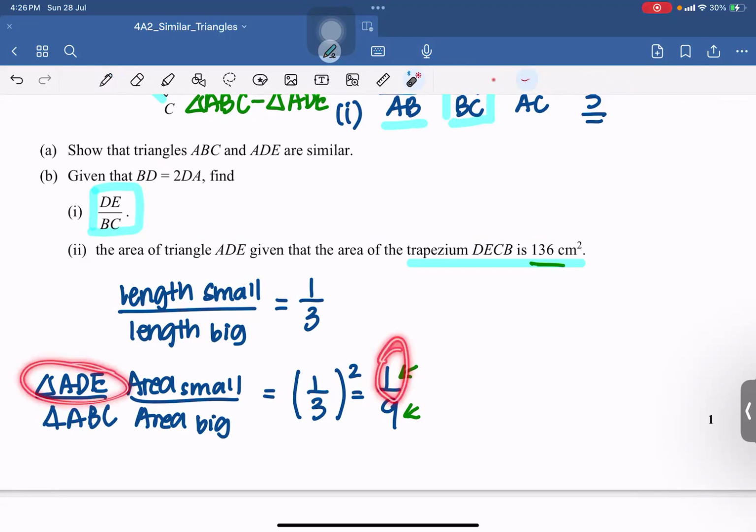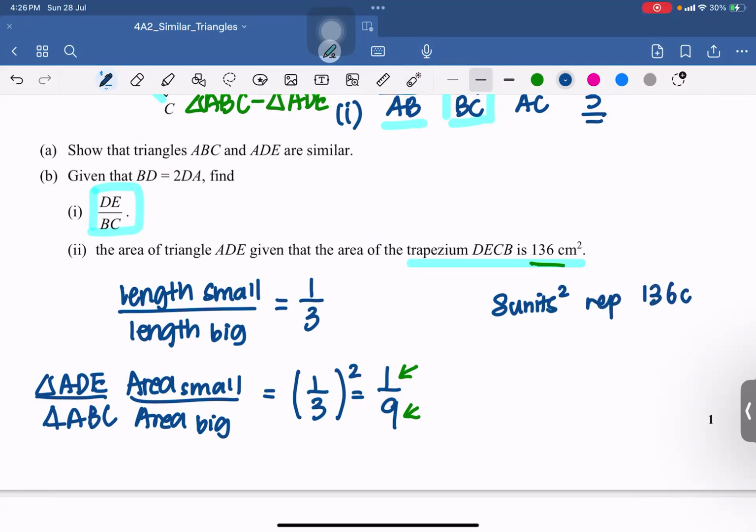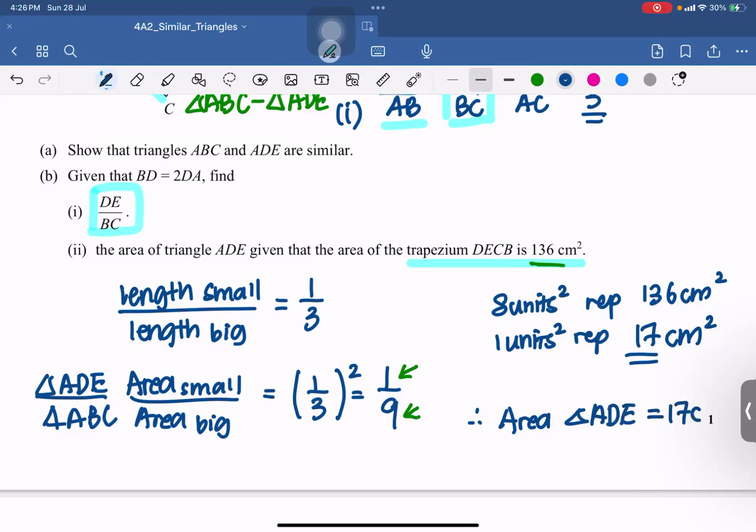So 8 units represent 136 cm squared, and to find 1 unit, that will give me 136 divided by 8, 17 cm squared. Have you gotten the concept? Okay, so area of triangle ADE, 17 cm squared.